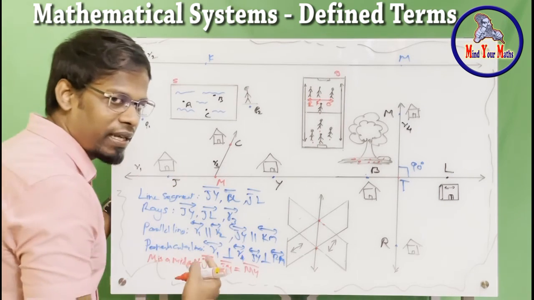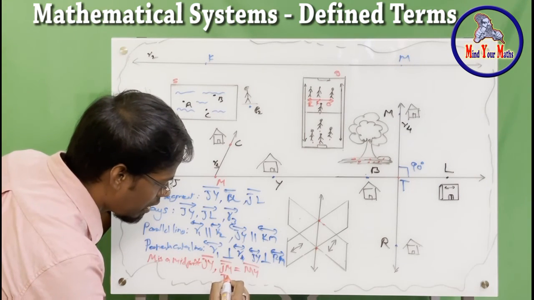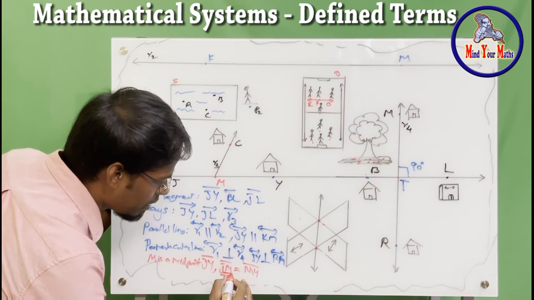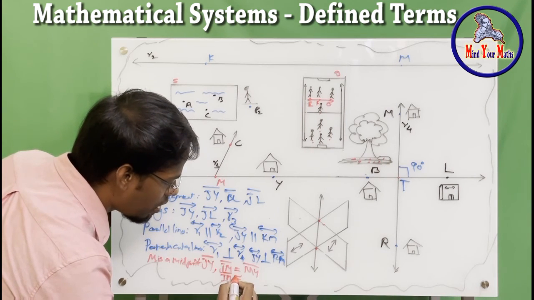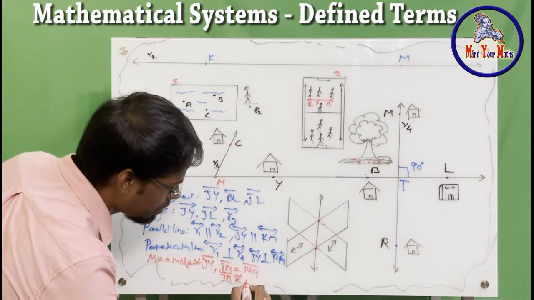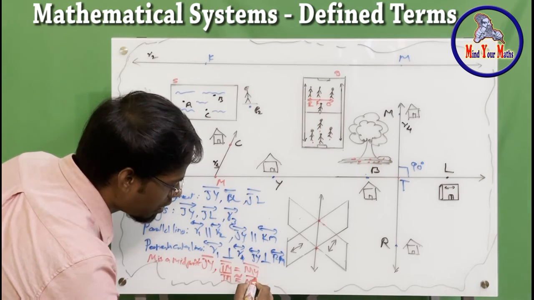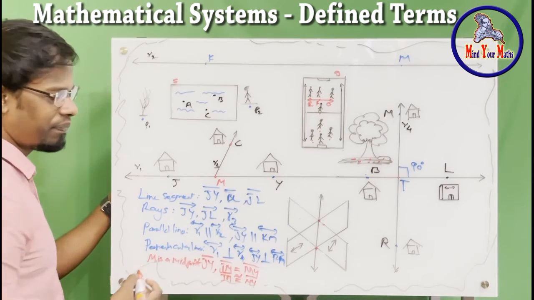In geometry, you represent this as segment JM is congruent to segment MY. For congruent you use the tilde symbol.